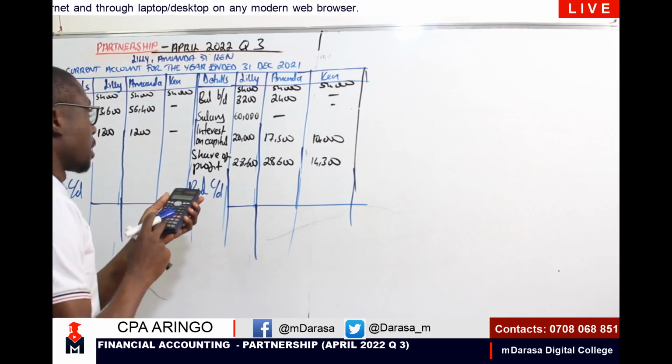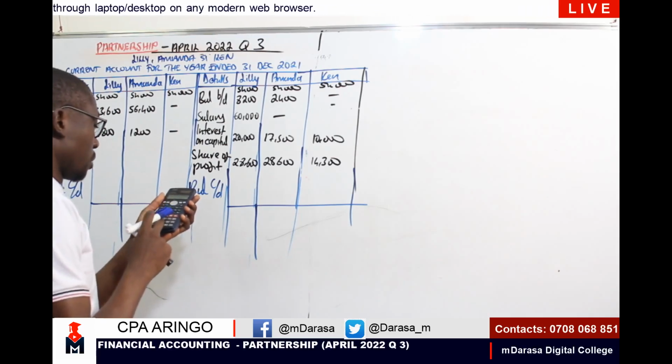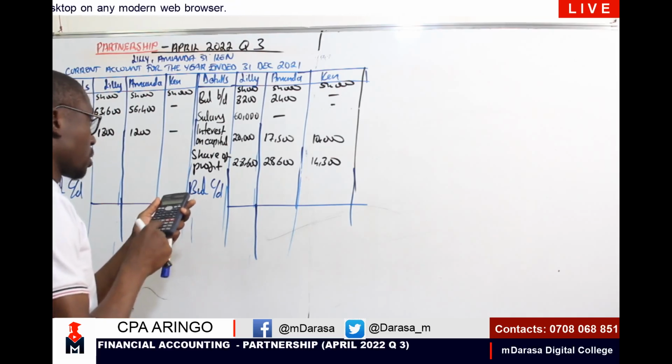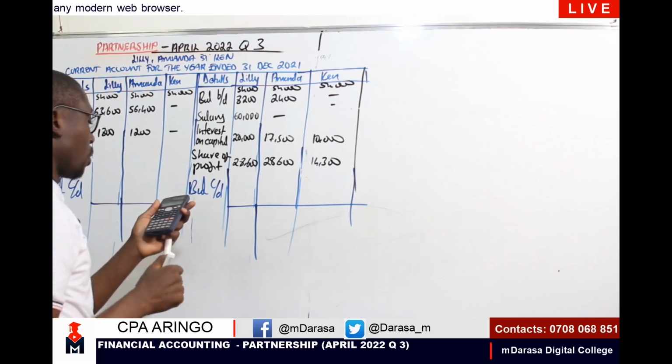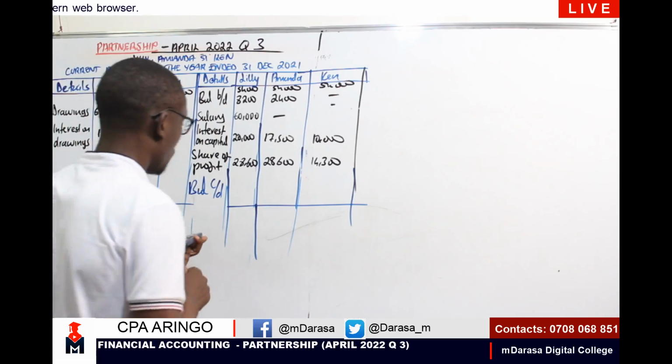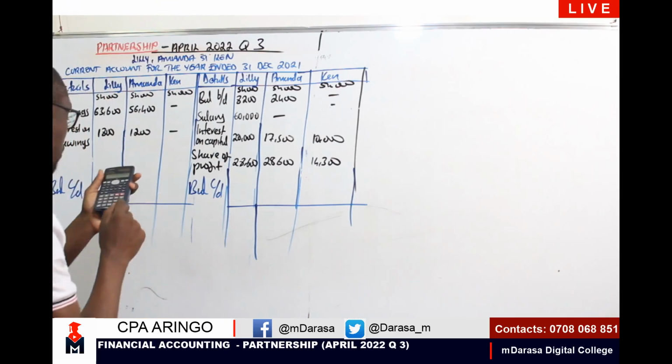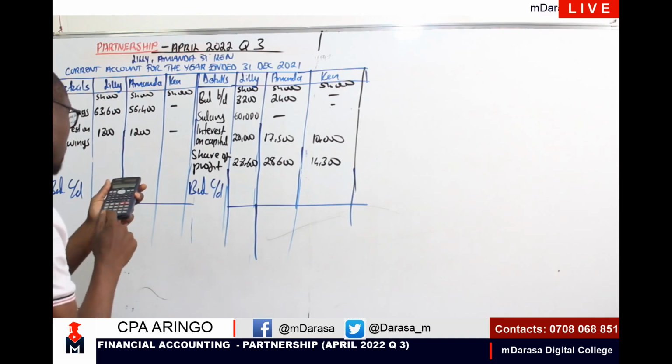8,200 plus 60,000 plus 20,000 plus 28,600 gives 116,800. And what about this other side? Minus 63,600 minus 1,800.